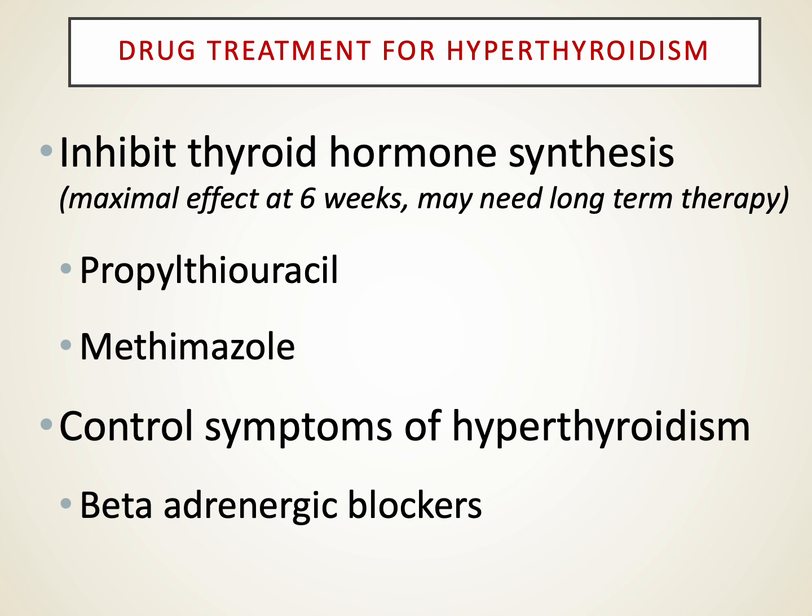The two agents you'll see are methimazole and propylthiouracil. In addition to our goal of inhibiting thyroid hormone synthesis, we'll also look at controlling the symptoms of hyperthyroidism, particularly cardiovascular, for which we almost universally, particularly in patients who have serious tachyarrhythmias with hyperthyroidism, will use beta blockers.